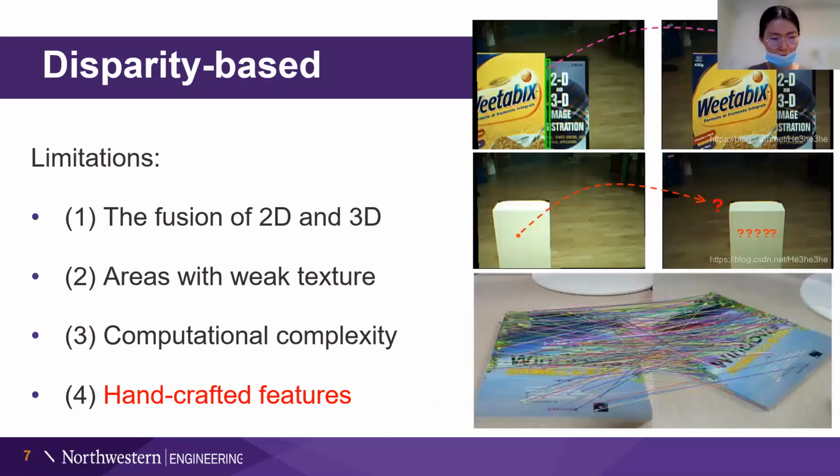Using this method has many limitations. For example, the first is that the process from 2D to 3D may lack information, and the fusion results might go wrong. Like the picture here, when it is converted from 2D to 3D, it may lose some information. And the second is the lack of texture.